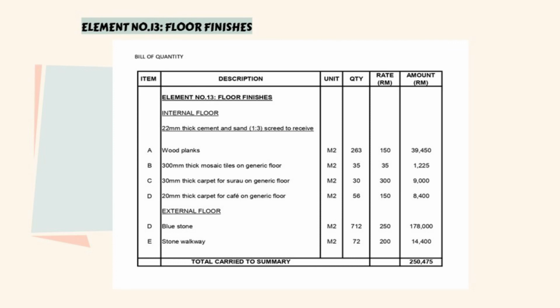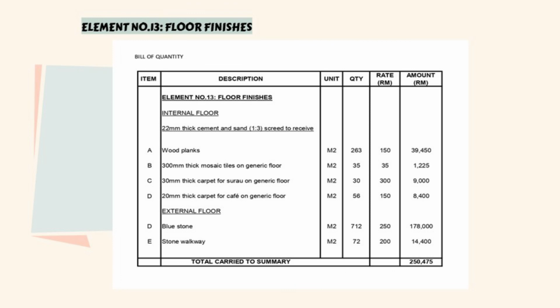Meanwhile, for external floor, we use blue stone that costs us 100,078 ringgit for 712 meter square of blue stone, and we also use stone walkway that costs 14,400 ringgit for 72 meter square of stone walkway.